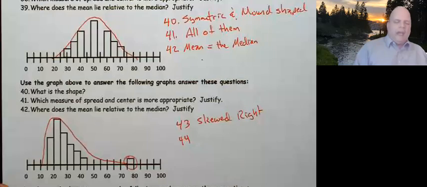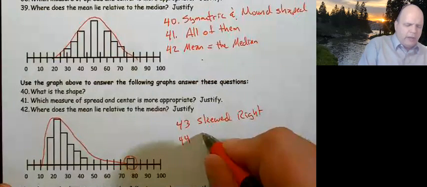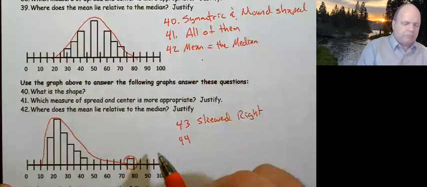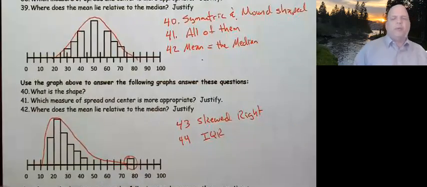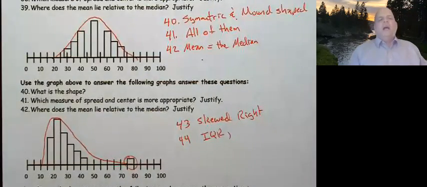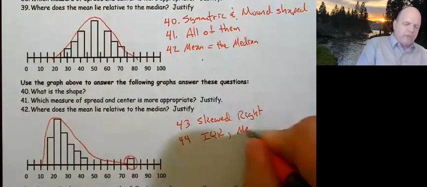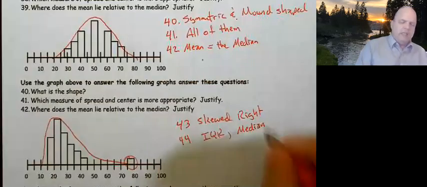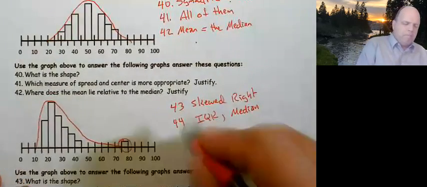Because it's skewed and because it has outliers, whenever you have outliers, you like IQR. So my preferred measure of spread is IQR. And because it is skewed, I would prefer the median for my measure of center as opposed to the mean. Because it's skewed, I prefer the median as opposed to the mean.